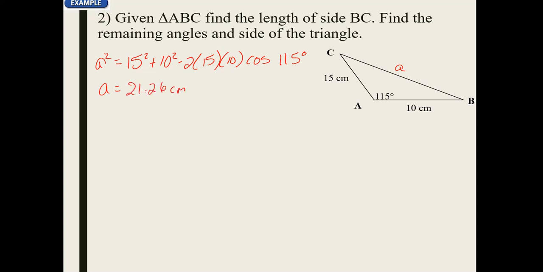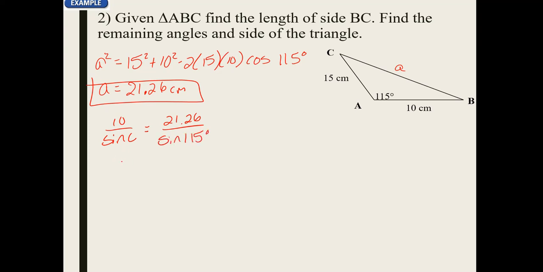and then you're going to get that a is about 21.26 centimeters. We also want to find the missing angles, so I'm going to use the law of sines to find the missing angles, and I said to find the smaller of the two remaining angles first, so that's going to be angle C. So we're going to do 10 over the sine of angle C equals 21.26 over the sine of 115 degrees.